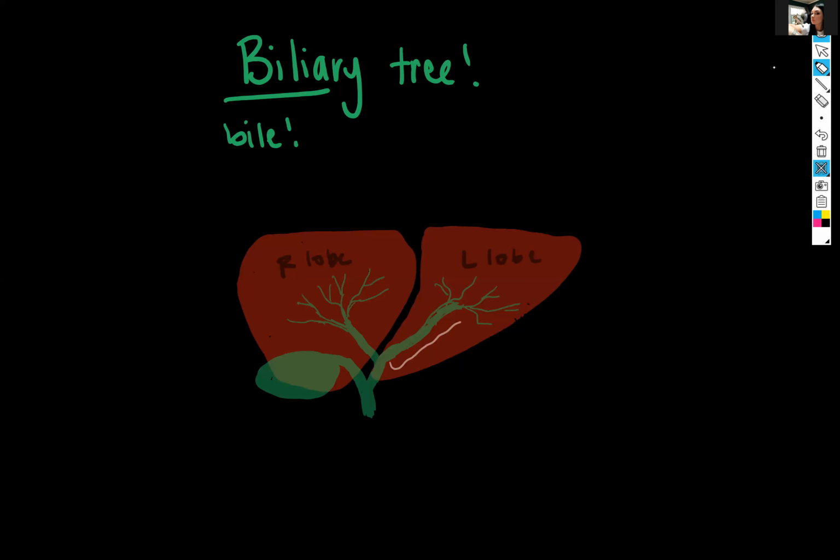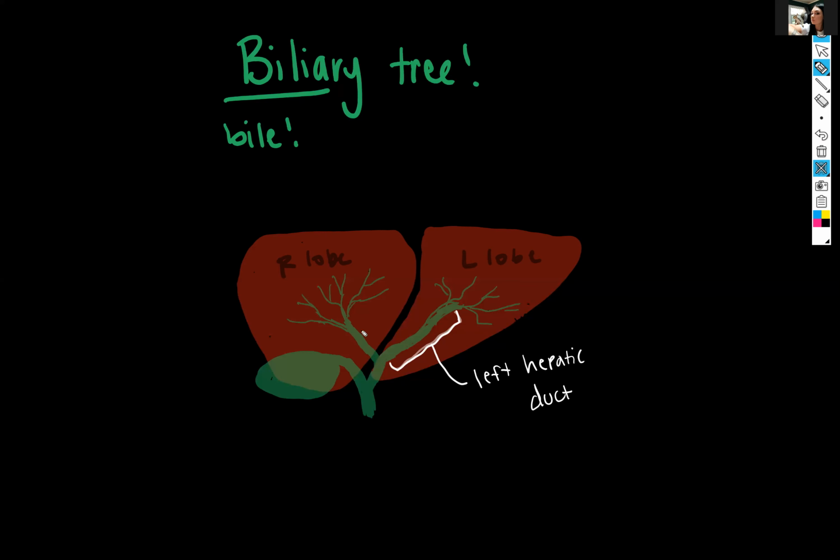So see how this is traveling as one tube inside of the left lobe? It's draining all the bile from the left lobe. Left hepatic duct. So left refers to the side, hepatic means of the liver, and it's a duct, so it's called a duct.